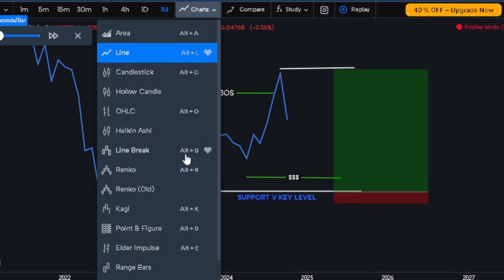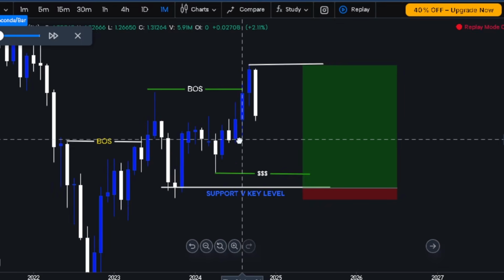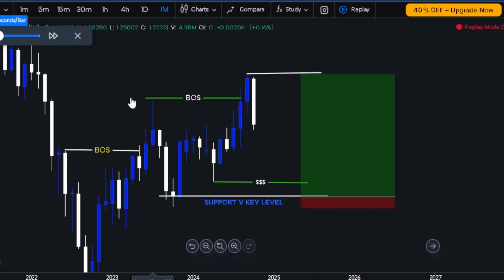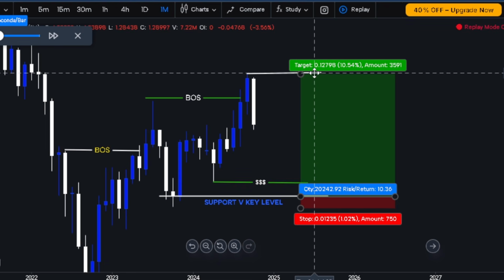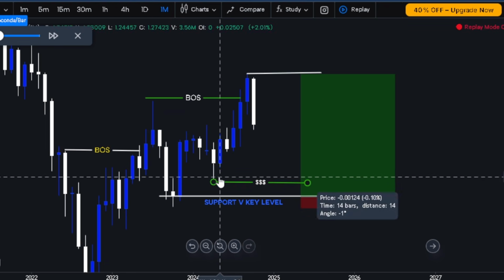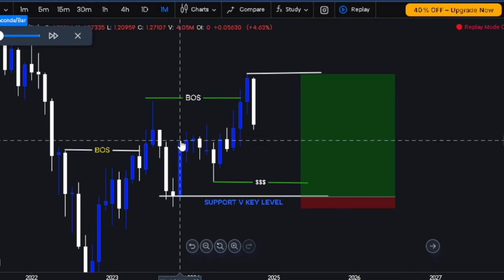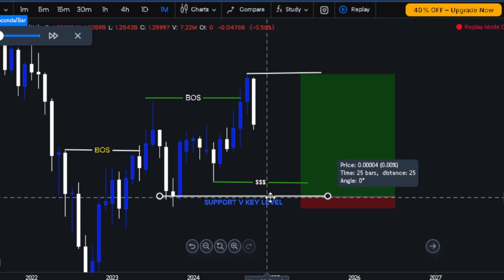Now that is our key level, and that is how you do it using the line chart. Once you've plotted your key level, you return back to your candlesticks. And when I play price, you will notice just how price is likely to react on this particular level and then continue the upward push. So I normally advise in such a long-term trade, you narrow down to a lower time frame for more sniper entries.